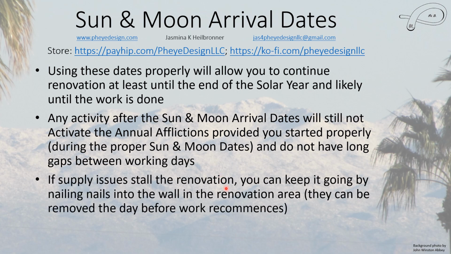Now, if supply issues stall the renovation, you can actually keep the renovation going by nailing some nails into the wall in the area being renovated that has the annual affliction, as long as you haven't let a 2-week period go by before you start that. And you can remove those nails the day before the work recommences, so it's not a big deal.